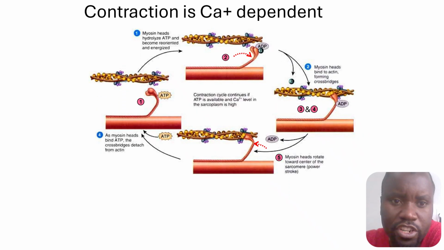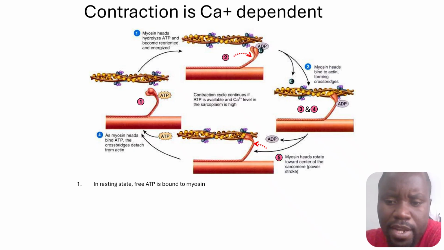But then the question is, how is this taking place? Basically, the skeletal muscle is stimulated electrically by a motor neuron, and the depolarization causes the release of calcium. The calcium is released from the sarcoplasmic reticulum, or the cisterns, the storage sites, into the cytoplasm, where it will bind to troponin.